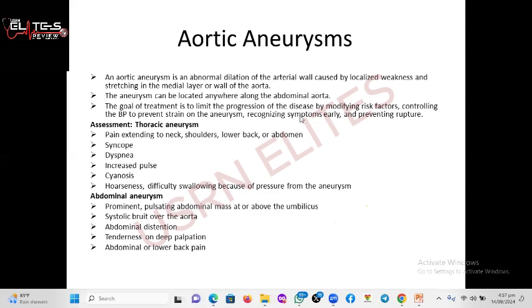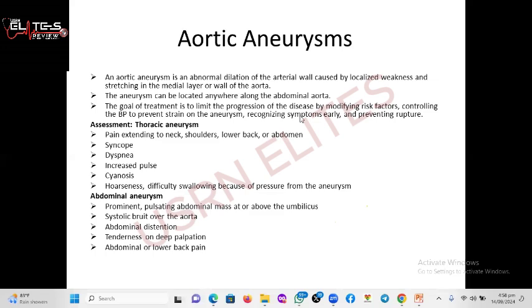High blood pressure is one of the things that could lead to aneurysms rupturing, because it puts pressure on the area. So when you have a question on aneurysm and the BP is very high, one of the things you need to consider is managing the BP, so that you prevent the aneurysm from rupturing.